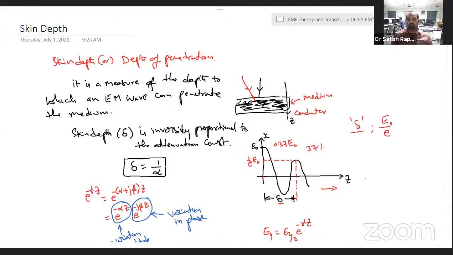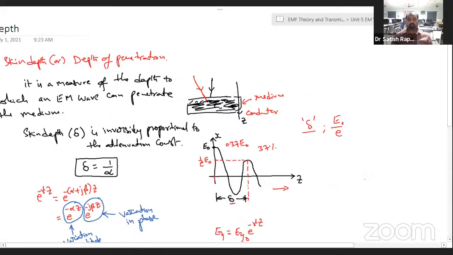The wave lies on the surface of the conducting media, and the wave inside a conductor does not exist. That is a very important point. So that is about skin depth.